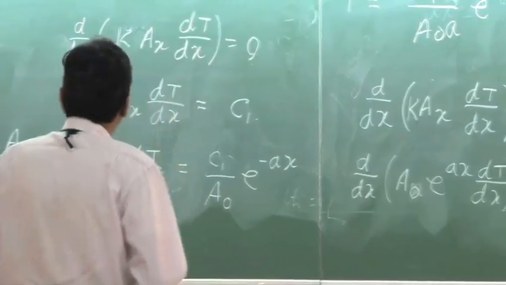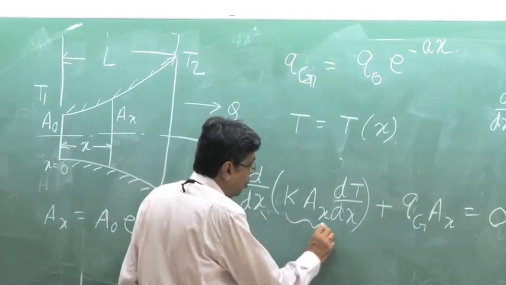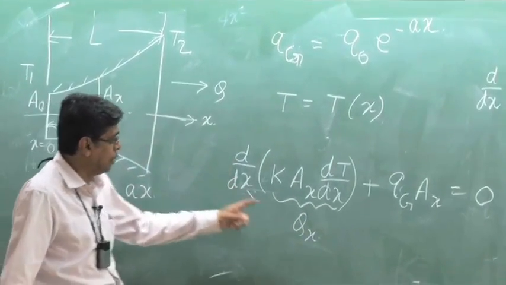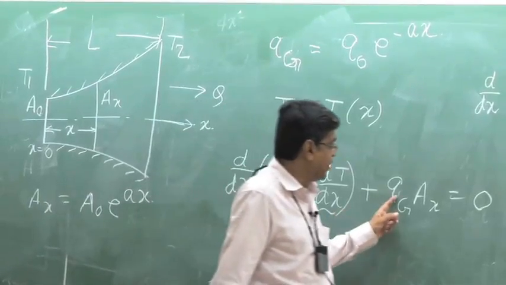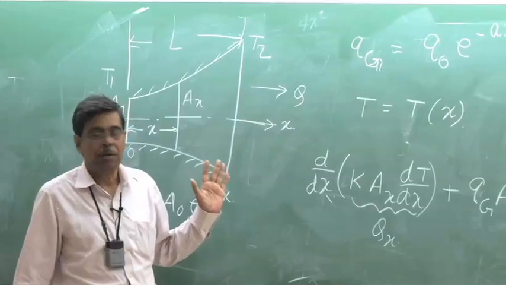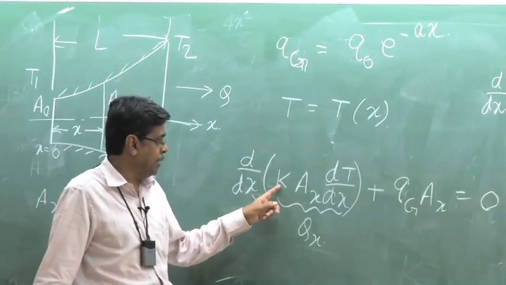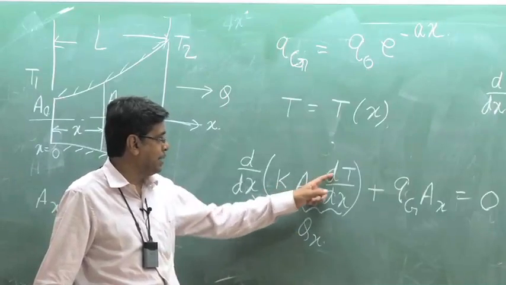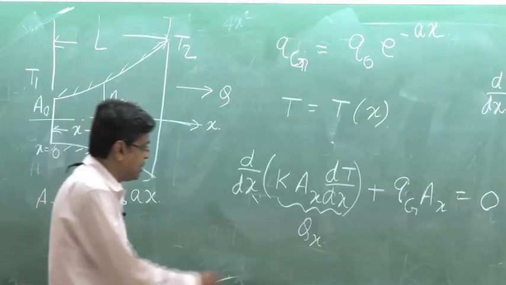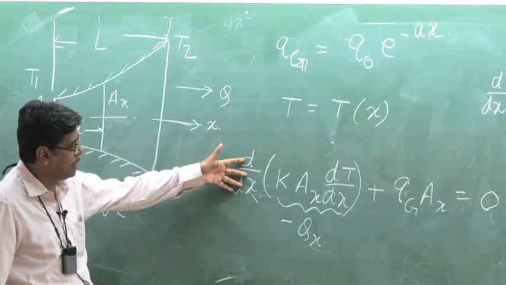So therefore, be sure that you write this general expression: ddx of Qx plus Qg Ax is 0. That is your equation for variable area and variable thermal conductivity, and Qx is minus K Ax dT/dx. If you have to find out the temperature distribution, you write in this fashion.